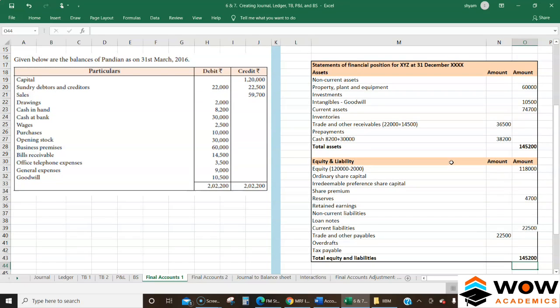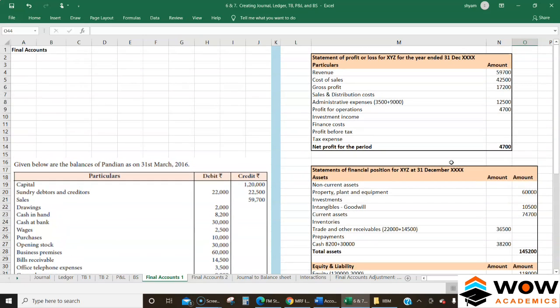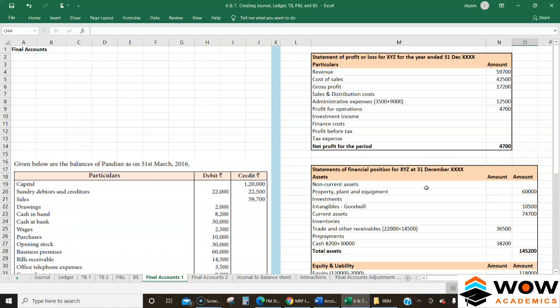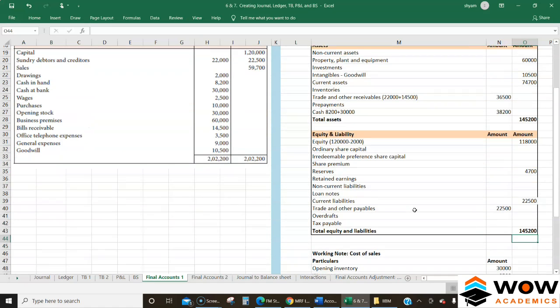Okay, so our balance sheet gets tallied. So this is the movement of numbers from the trial balance to SOPL. From SOPL it goes to SOFP. Then we adjust it and we work it.